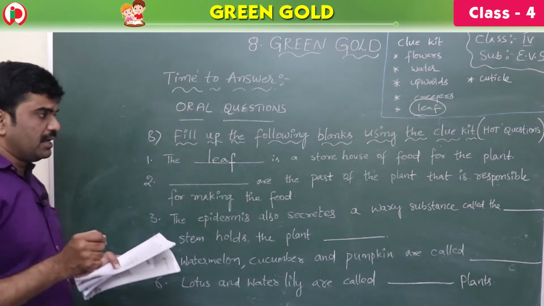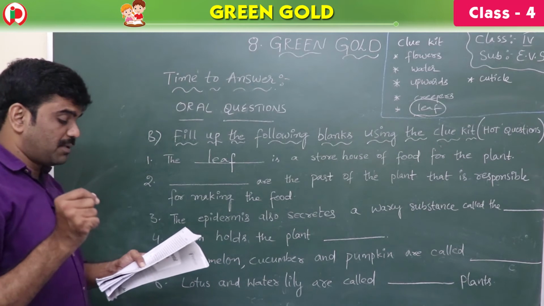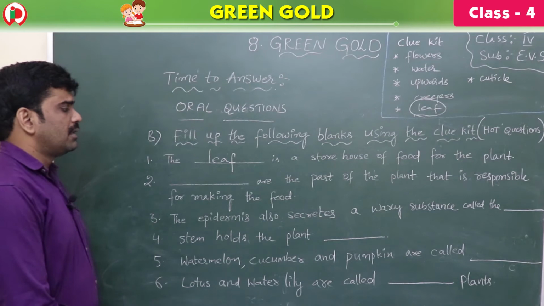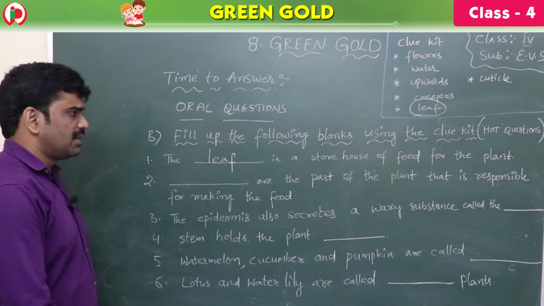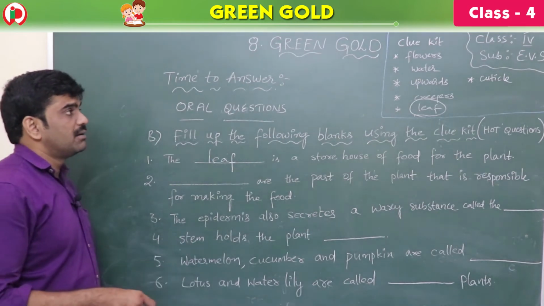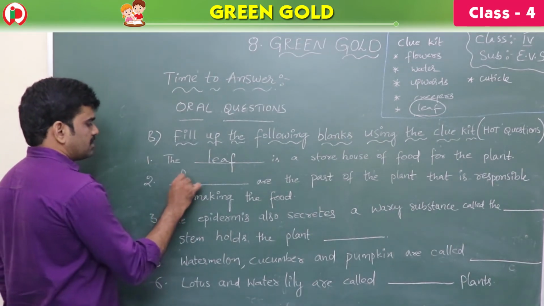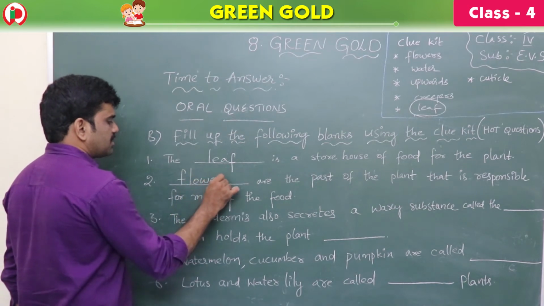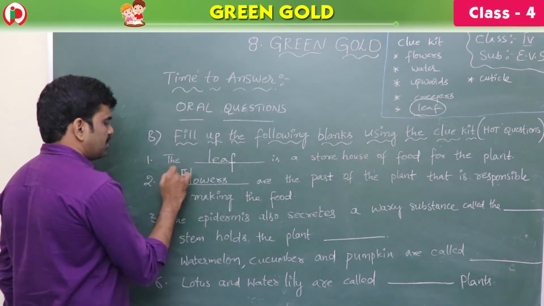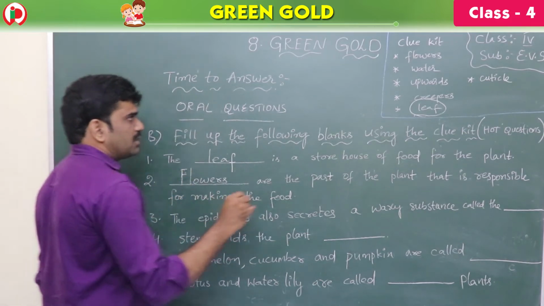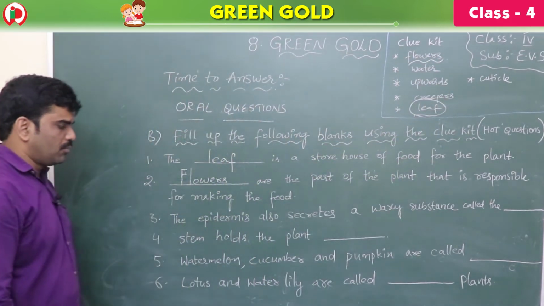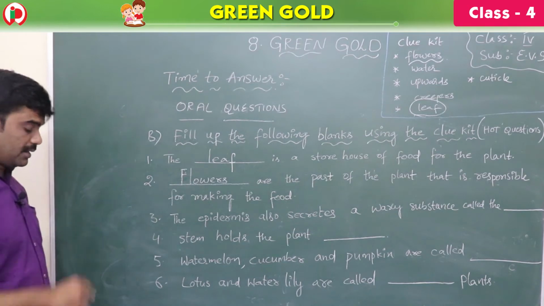What are the main parts of a plant that is responsible for making the food? Yes, that is flowers. So flowers are responsible for making the food. How are the flowers responsible for making the food? Yes, children, they help in pollination.